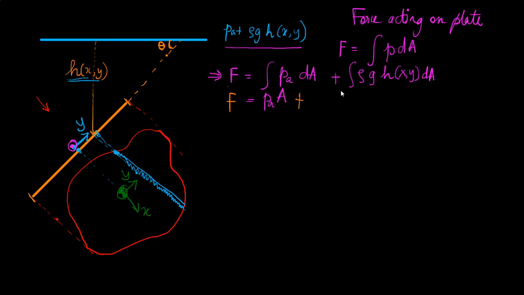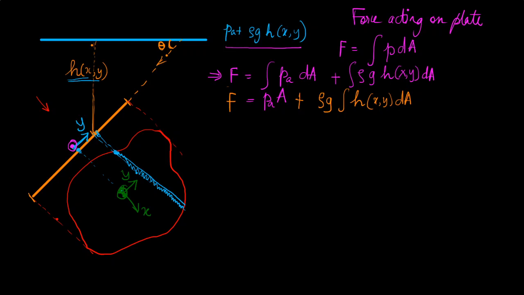Plus, now what about this term? I can take rho and g out of the integration because we have seen that for fluids, rho and g are constant. So it becomes plus rho g integral h(x,y) dA. Now the height, I must represent this height in terms of y.